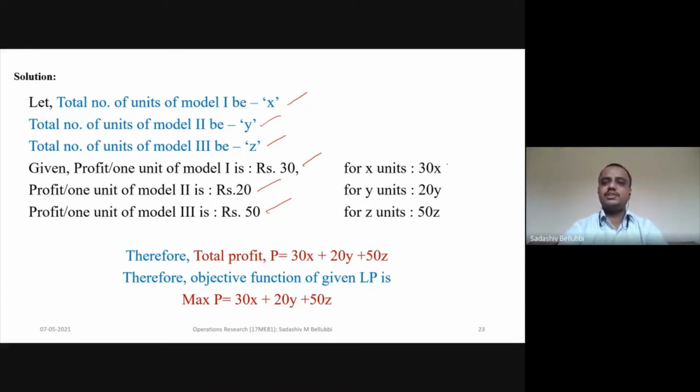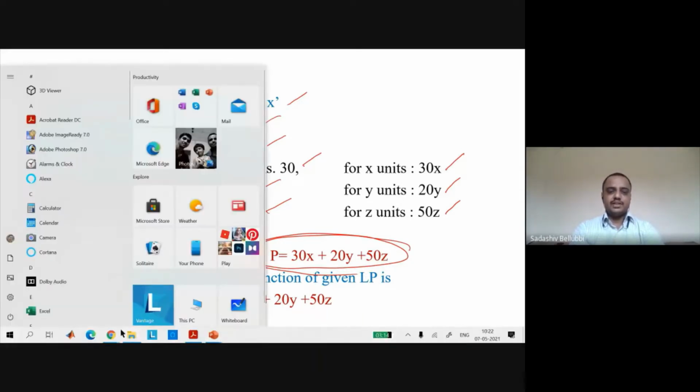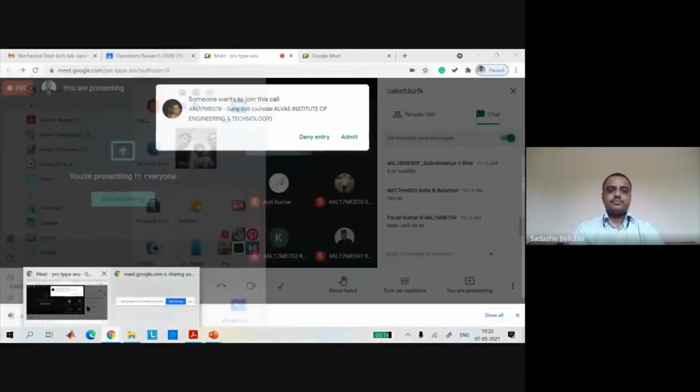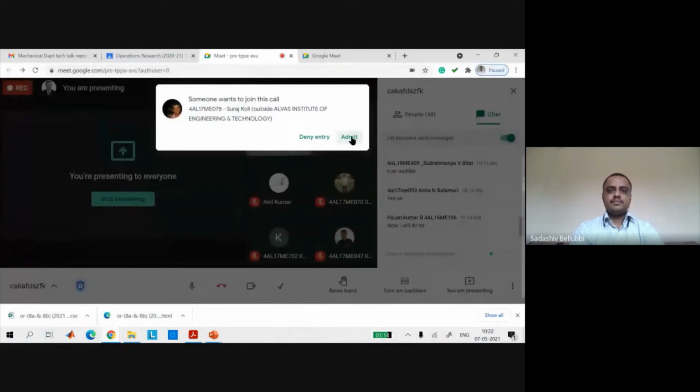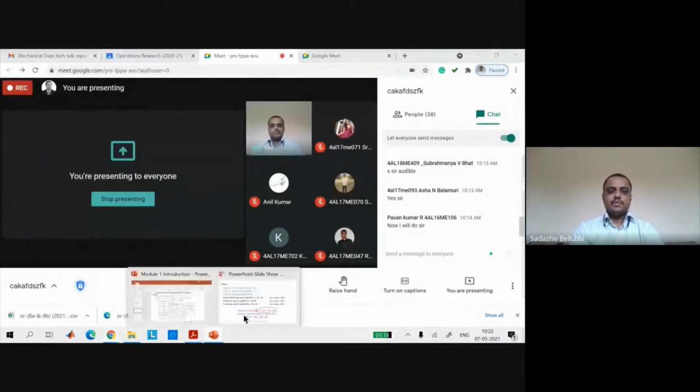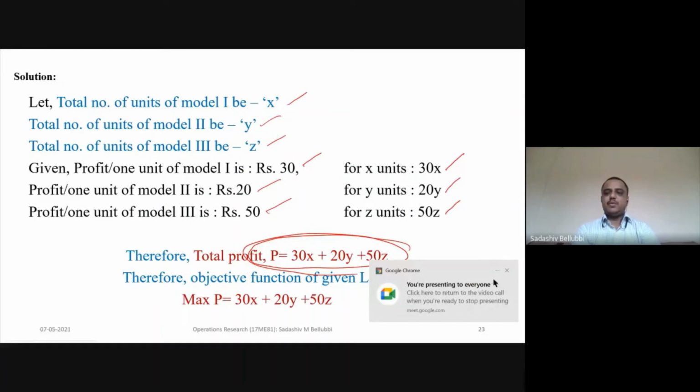So for x units of model number 1 it will be 30x, 20y, 50z. If we add all this, then the total profit will be 30x plus 20y plus 50z. This is our objective function.